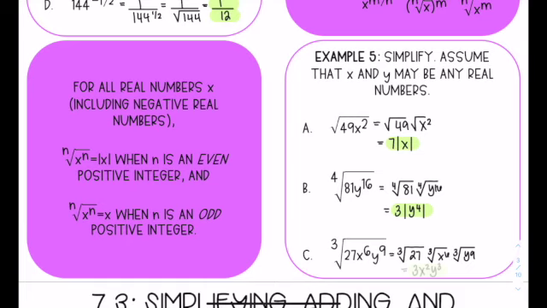And so the cube root of 27 is 3. And because our n is an odd integer, we don't need the absolute value bars. And so we end up with x to the 6 over 3, which is x squared, and then y to the 9 over 3, or y cubed. So our final answer is 3x squared y cubed.